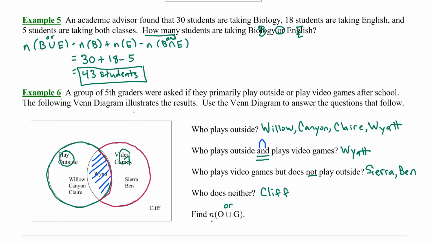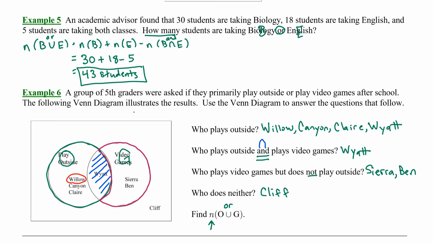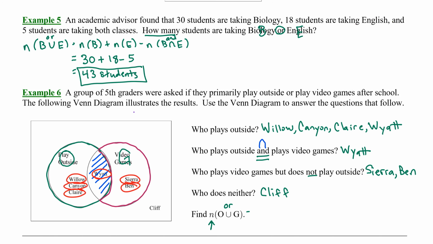And I'm looking not for what students are in the union, but how many, right? That little n means cardinal number, how many. So let's count those students. We have 1, 2, 3, 4, 5, and 6. So the cardinal number would be 6. We don't have to use our formula on that one. We can simply count it by looking at the Venn diagram.